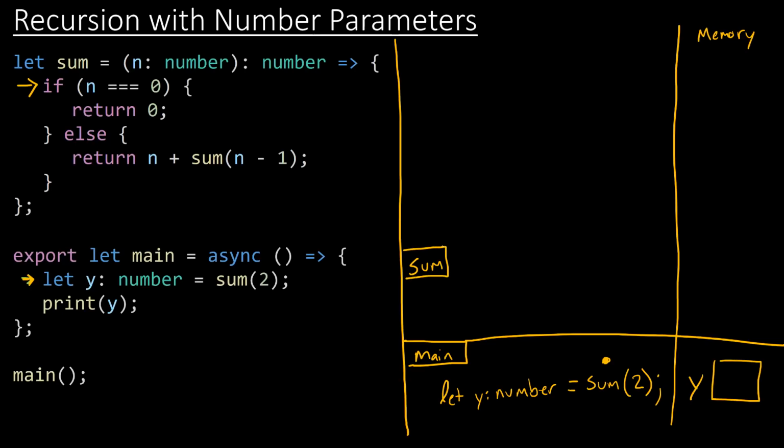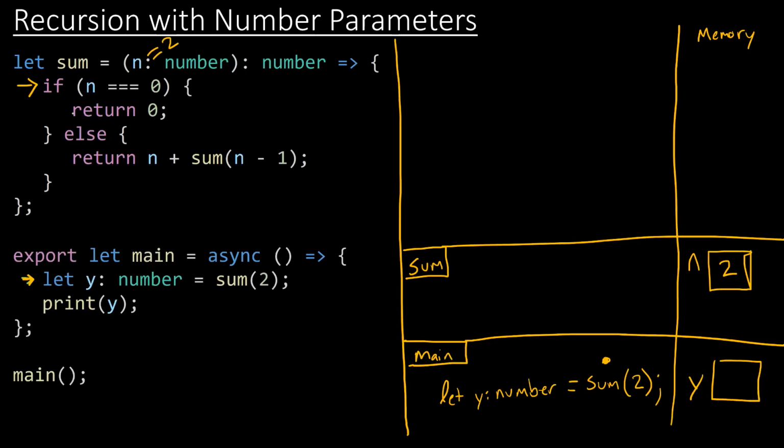And before we go into the sum function, we need to pass this argument 2 and assign it to the parameter n. So it's as if we had written in our code, n is assigned 2. So we know that parameters are just special variables that are automatically set up for us on our behalf when we call a function. So here we're saying n has been assigned to 2.